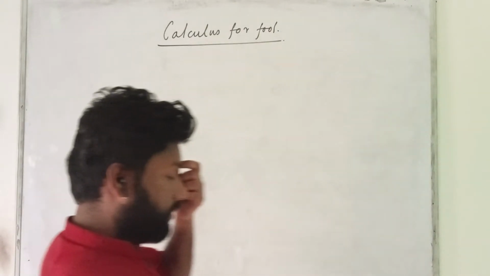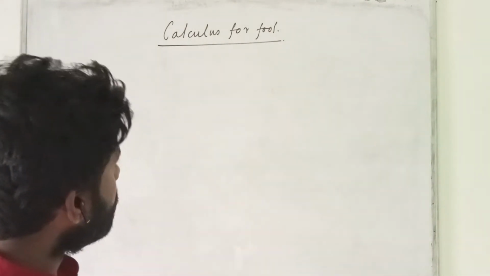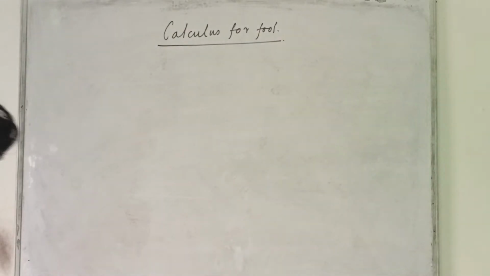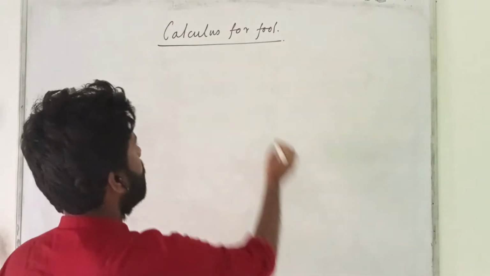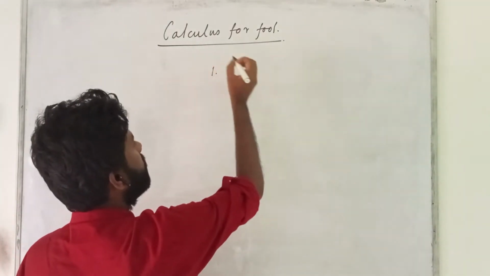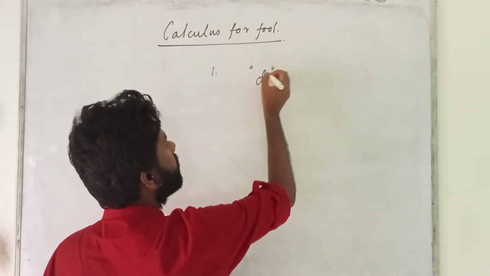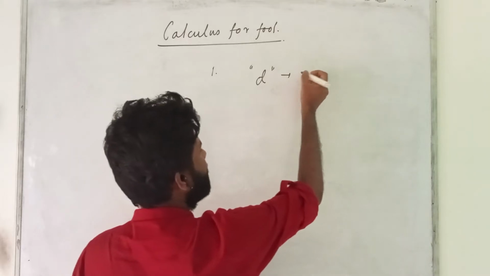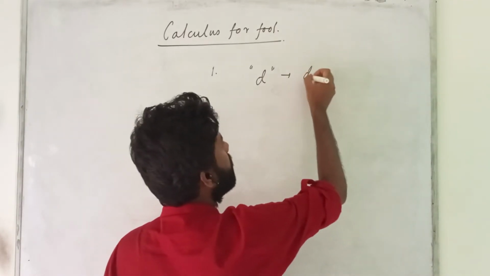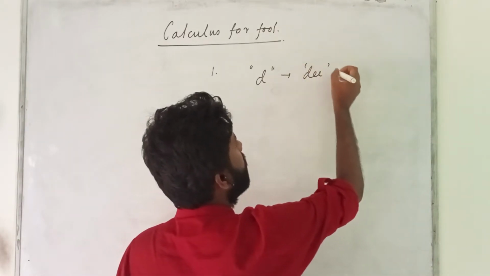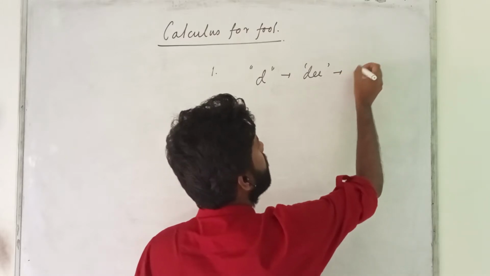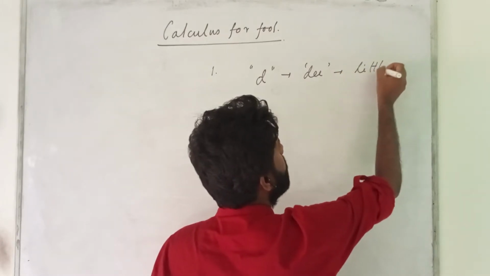First of all, I'll introduce two symbols. One is a D. Just spelling is D. It means little bit of.